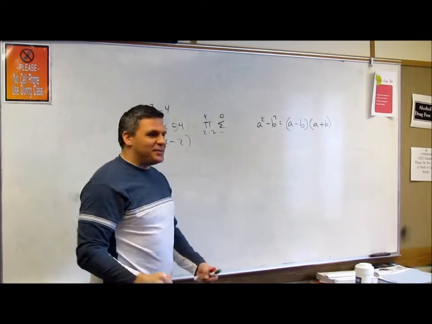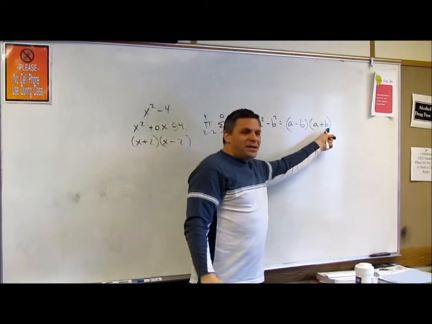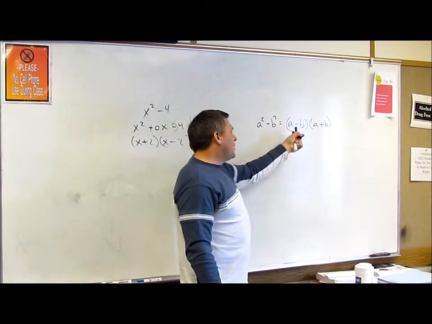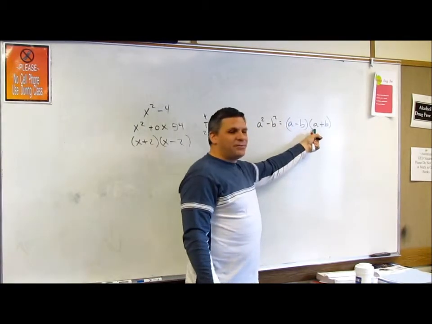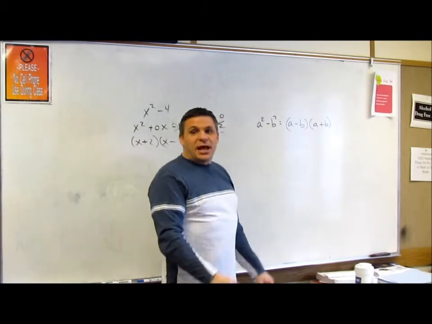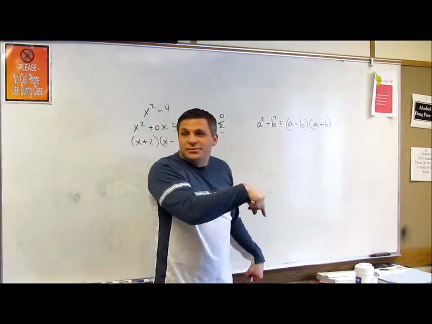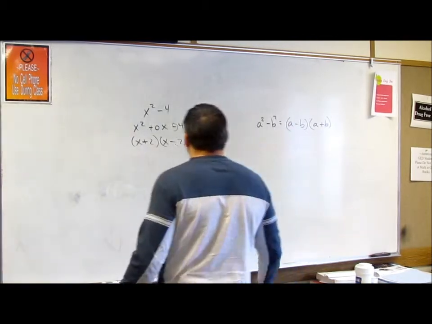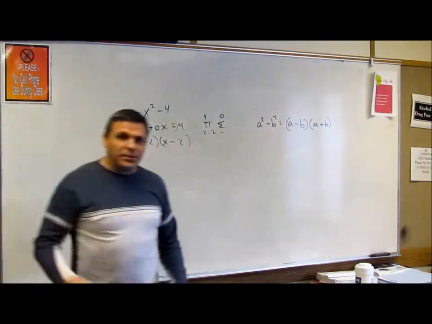The conjugate means you take the same thing, but you add them. Okay? I didn't make a negative out of both of them, right? I just decided, okay, the first one's minus, the second one's plus. If the first one's plus, then the second one's minus. Make sense?